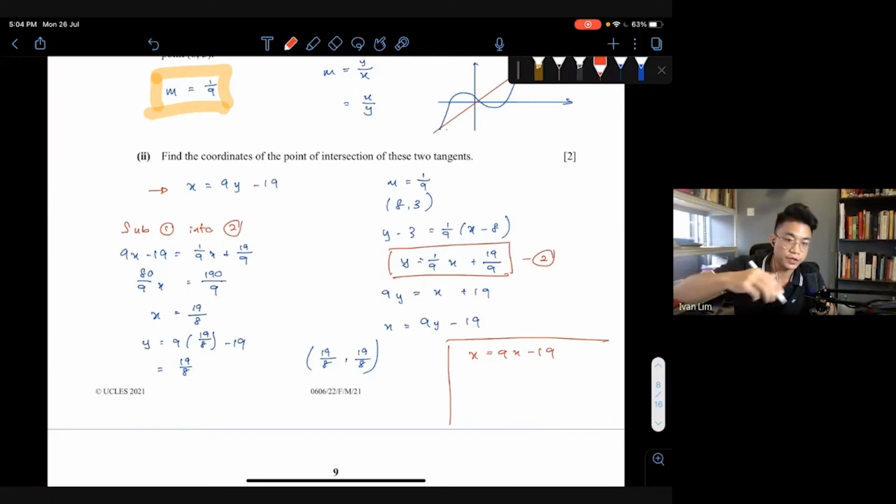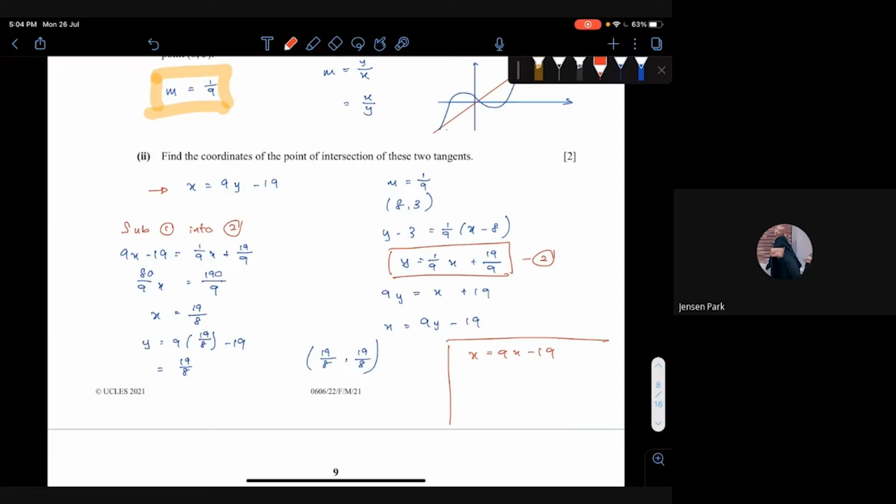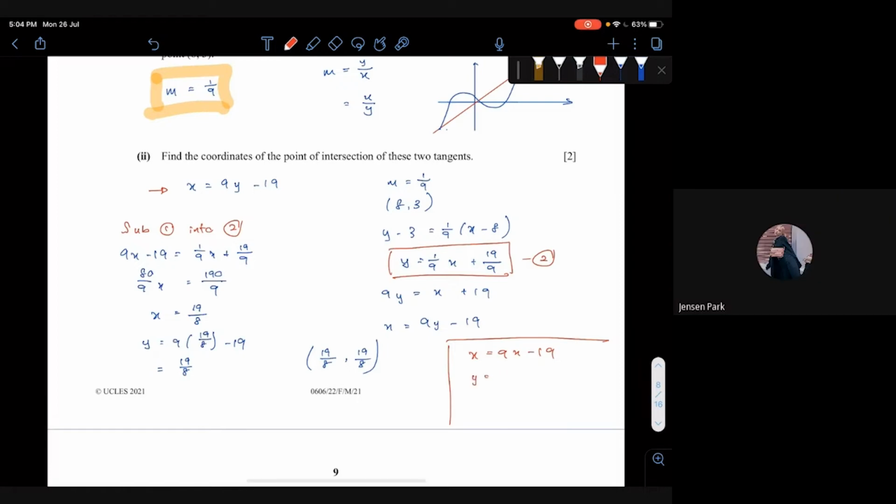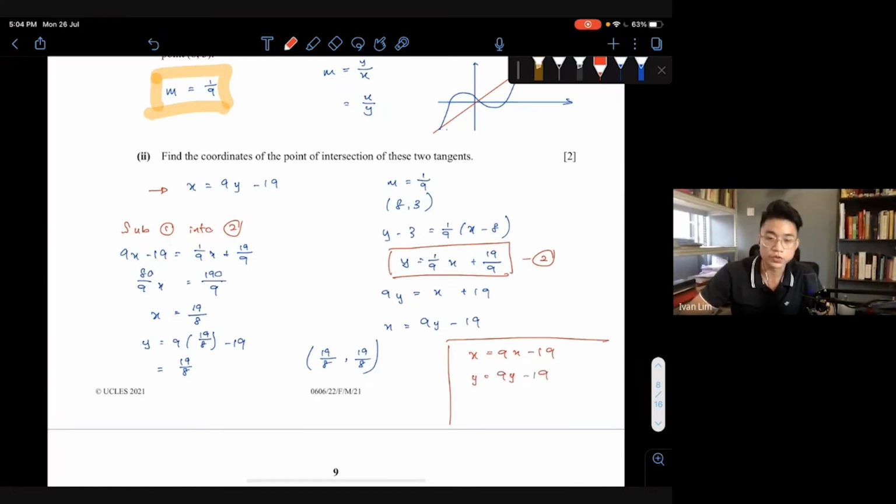That's the meaning of inverse. Or you can also write y equals 9y minus 19. It also works. That's quite a good way to see it. For me, I will look at the point of intersection between the two, which is a more tedious way.